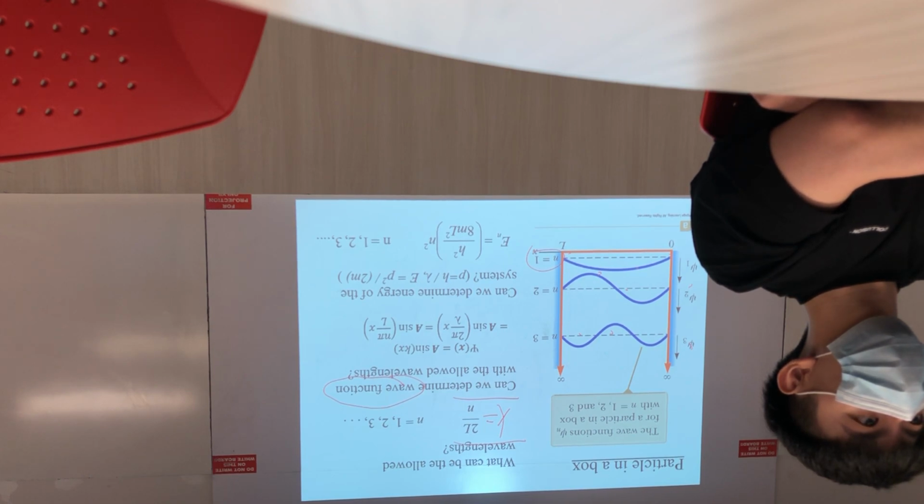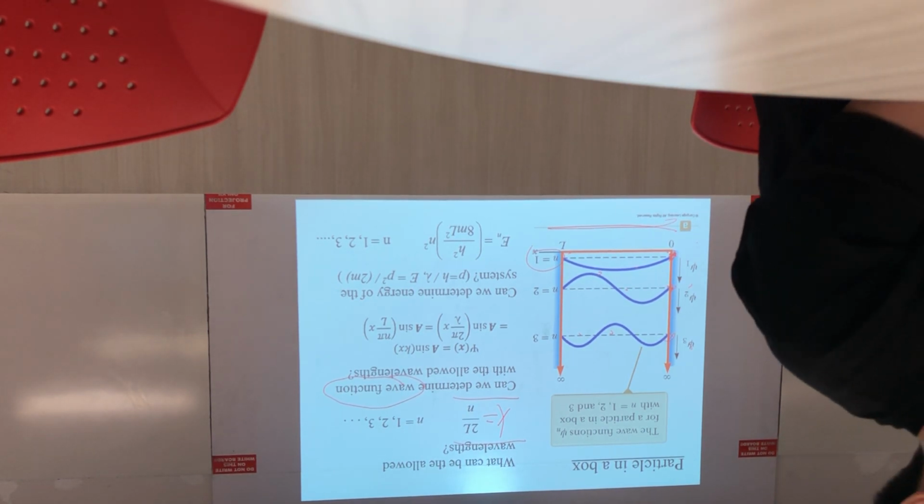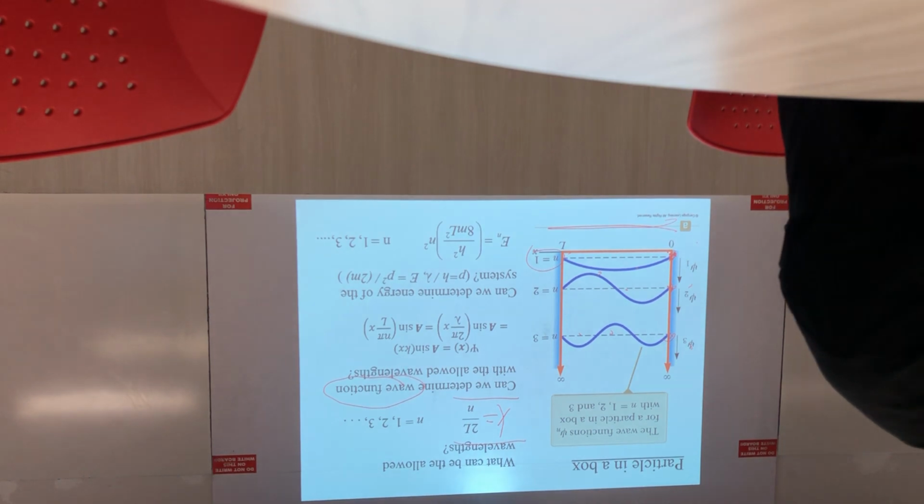So we just want to start with cosine or sine, and when you look at this diagram, our choice is going to be sine, because at the initial point, the wave function is 0.